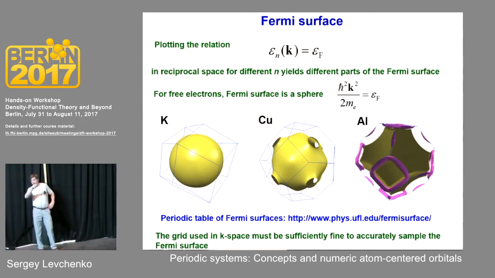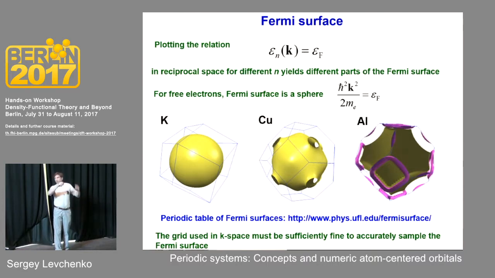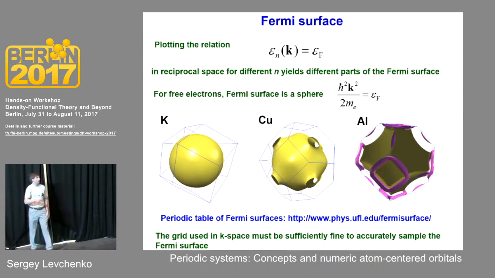So this is an equation for 3 variables, which means that it's a surface if we solve this equation in 3-dimensional space. For free electrons, we know what the shape of this surface should be. It's a sphere. Here is the equation for a sphere.